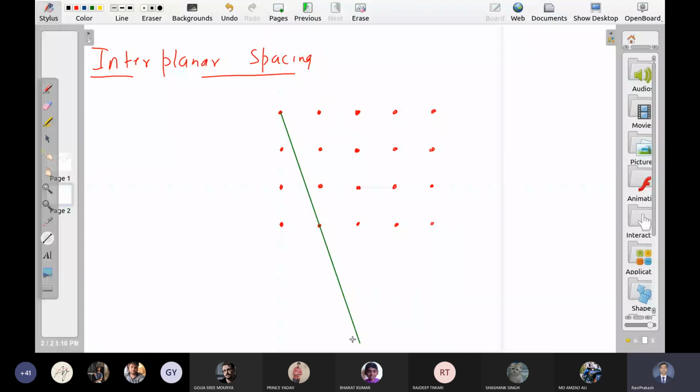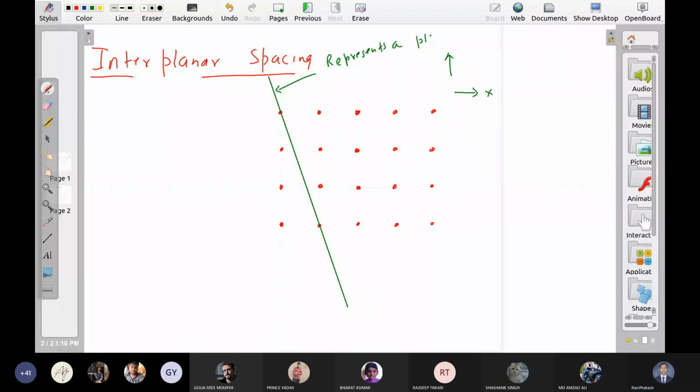Okay. So this is x-axis, this is y-axis, z-axis is perpendicular to this plane, and this line represents a plane parallel to z-axis.